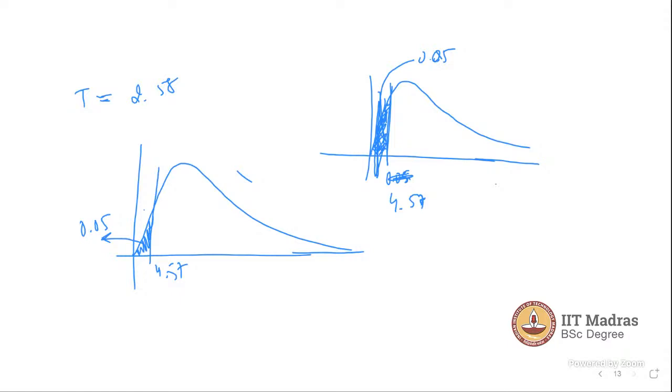That's 2.28. Okay, so let me see what the value is for 0.025. Can somebody check the value for 0.025 chi-square? Degrees of freedom 11. 3.82. Okay.